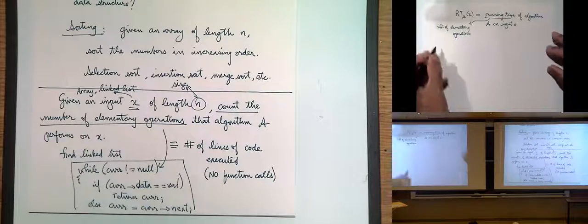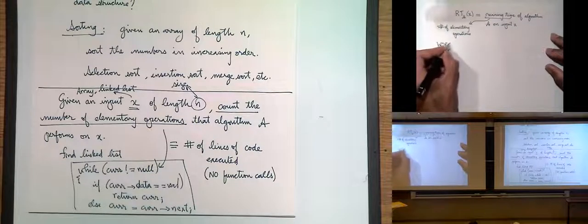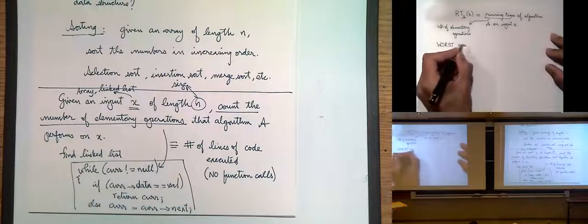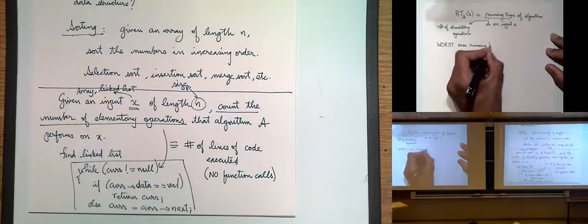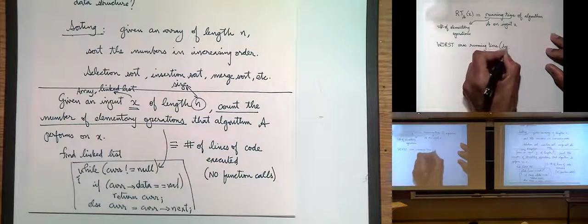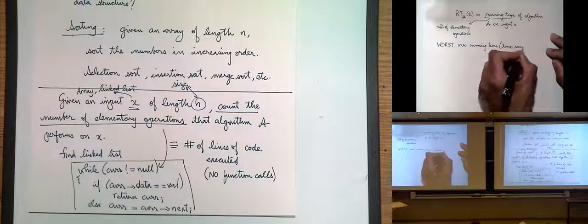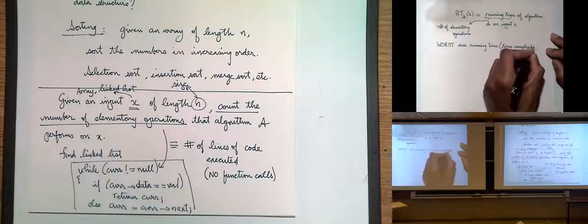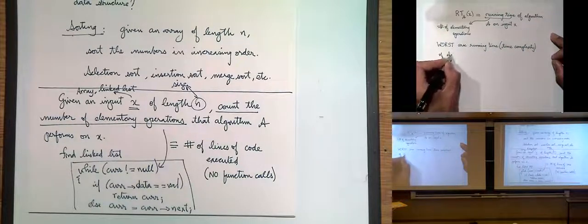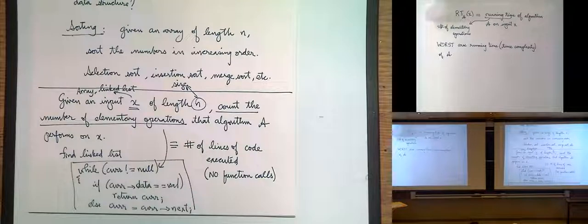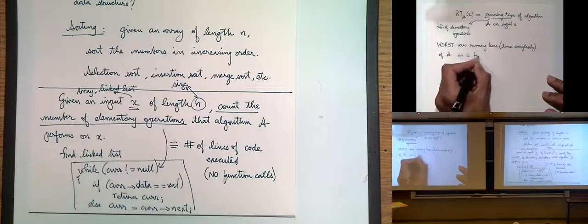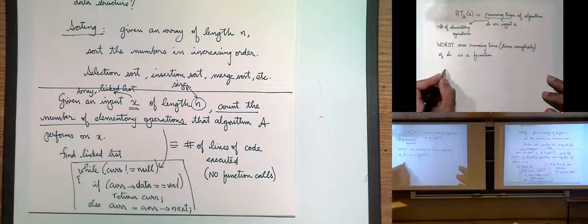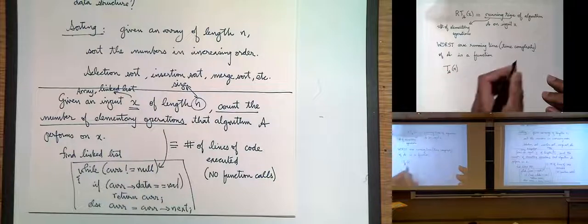Okay, now for sort of the main definition, the worst case running time, sometimes this is also called the time complexity of A. The worst case running time of the algorithm is a function that I'll write as T subscript A of n.